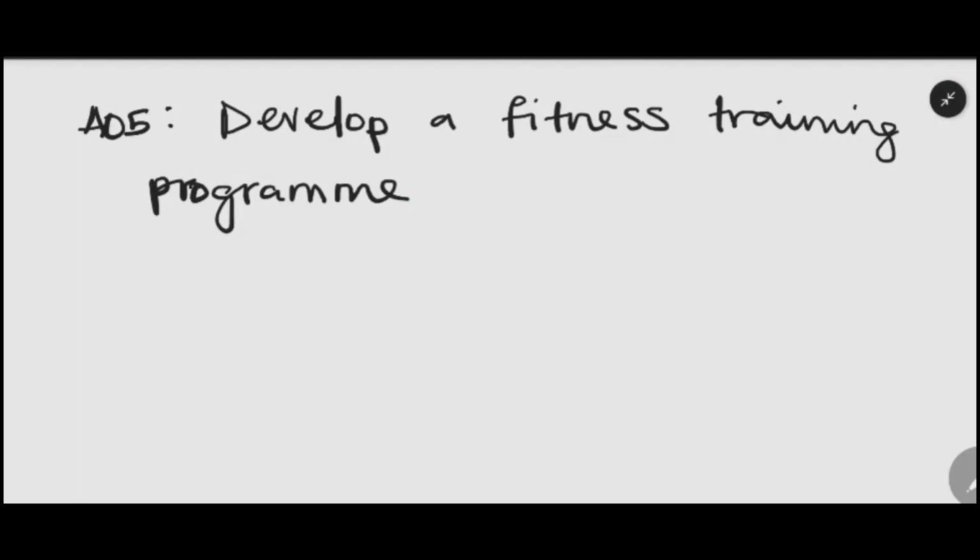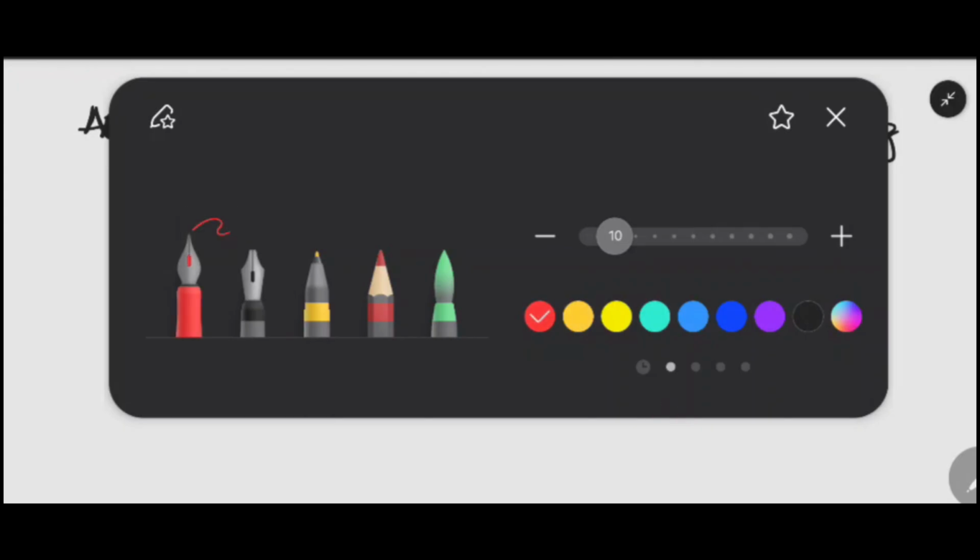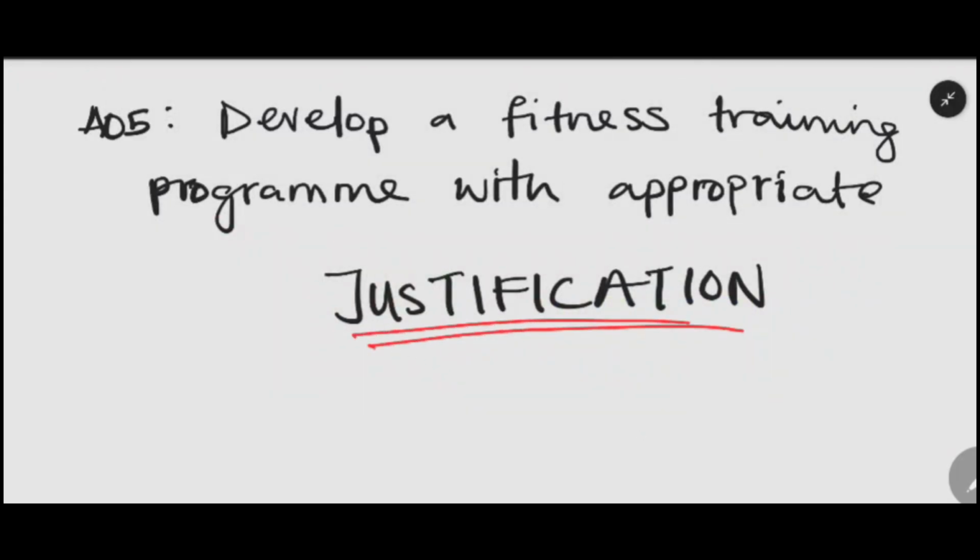And this is the key bit where you get the high marks with appropriate justification. So that's AO5.